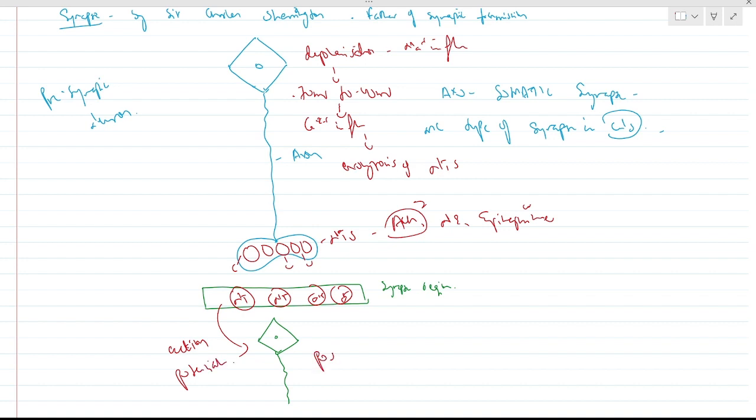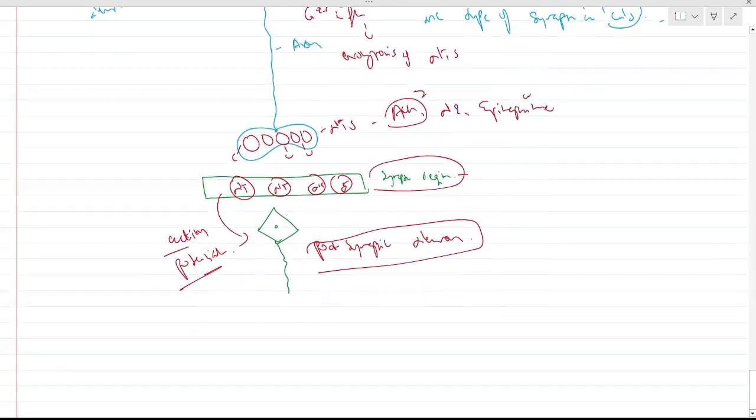This is our postsynaptic neuron, and this is our synapse region. So this was our brief understanding of synapse. Beyond the synapse, we have our postsynaptic neuron, where these action potentials are generated.